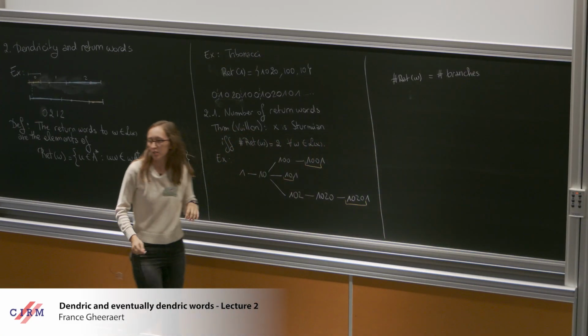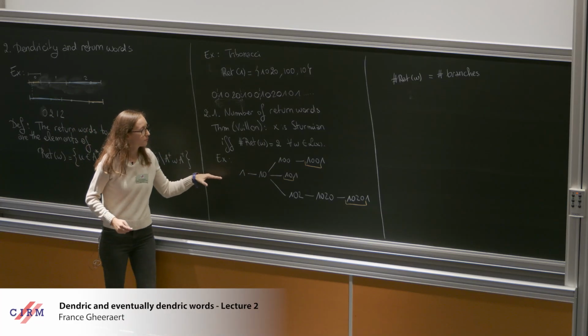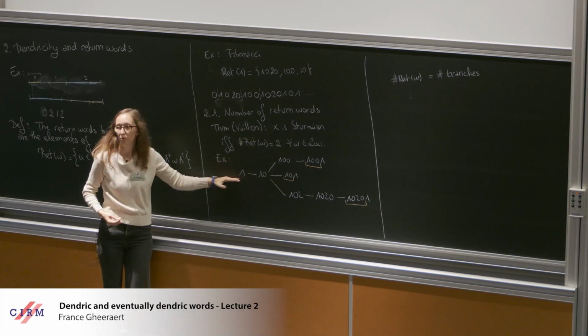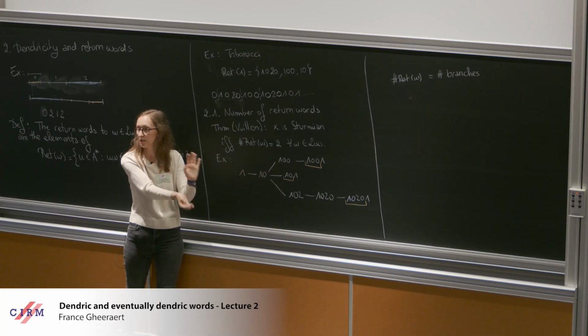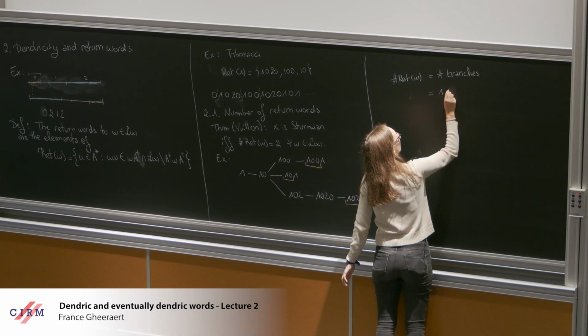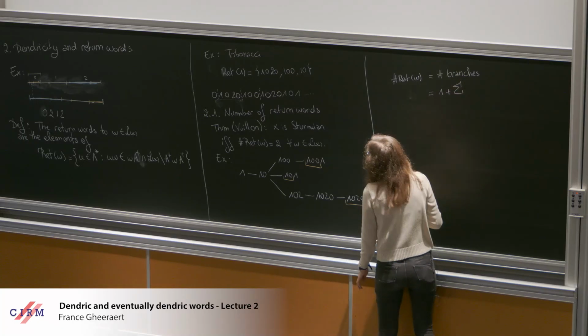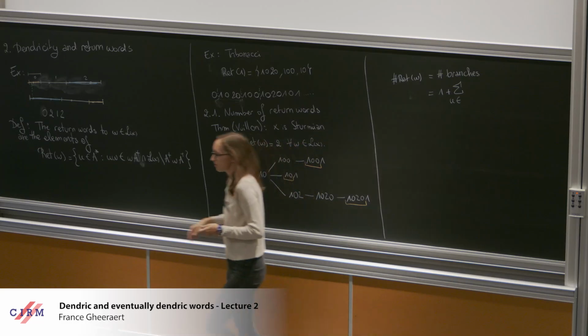And how many branches do I have? Well, at the beginning of my graph, of my kind of tree, I only have 1 branch. And then at each vertex, I have the possibility to split this branch into several parts. And so this is equal to 1 plus the splits for each vertex. So let me use some colors.